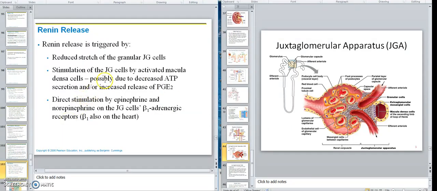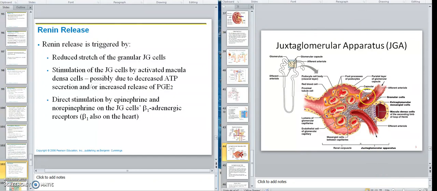Renin release. We already talked about it. Renin release is triggered by reduced stretch of the juxtaglomerular cells, those granular cells. Stimulation by the activated macula densa, and some direct stimulation. In other words, the sympathetic nervous system also somewhat directly stimulates these cells.